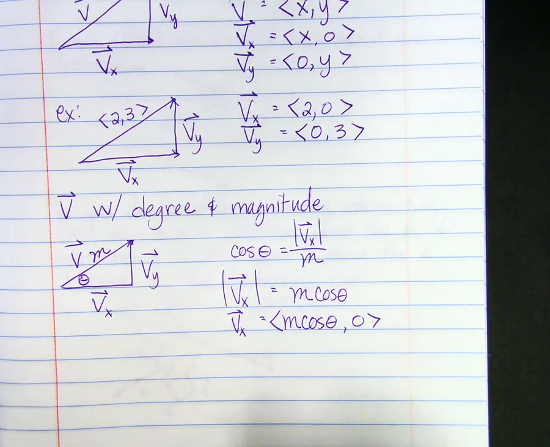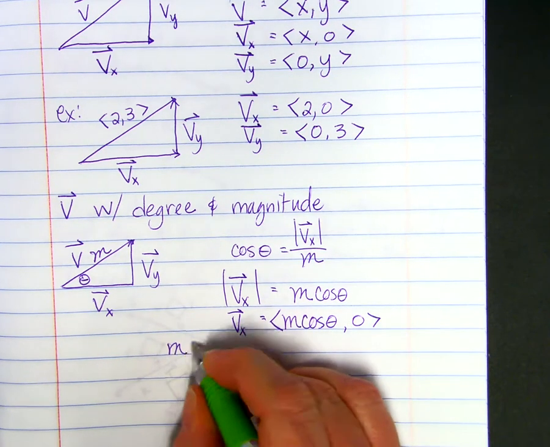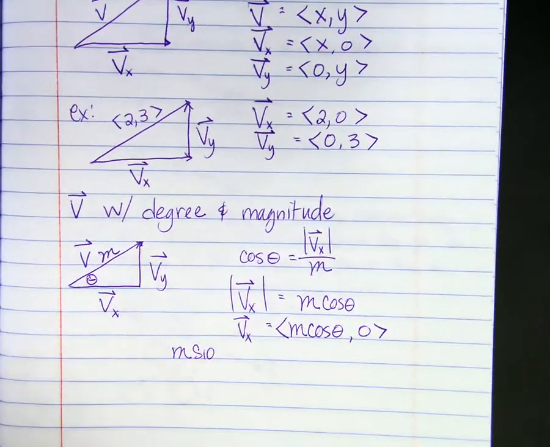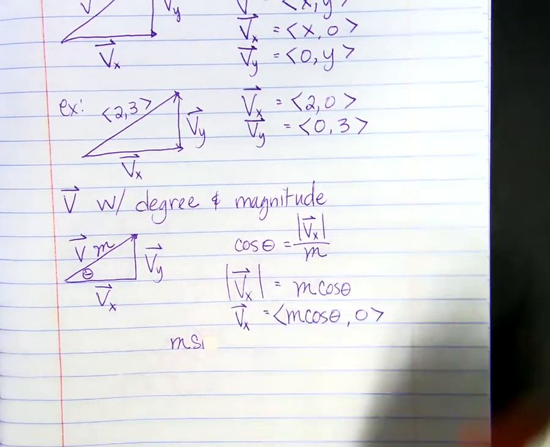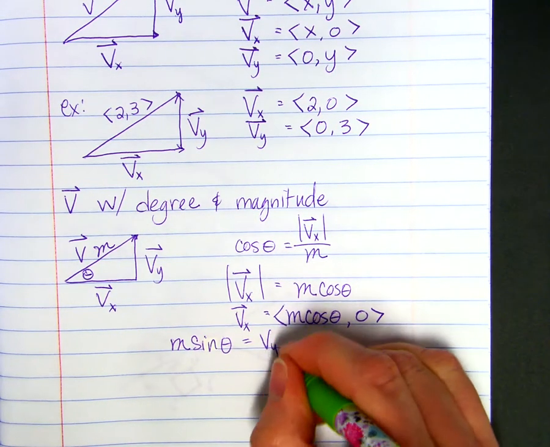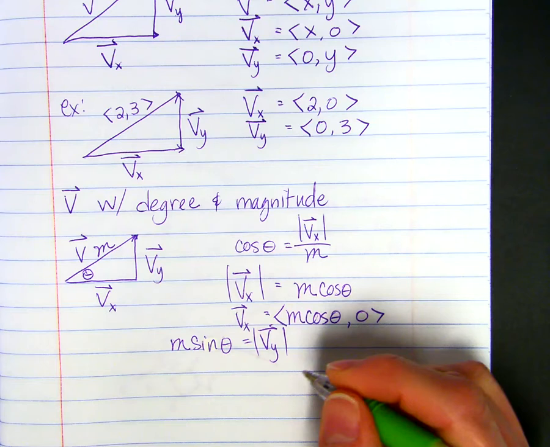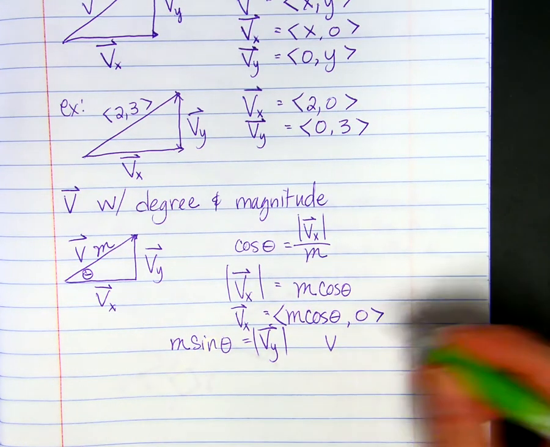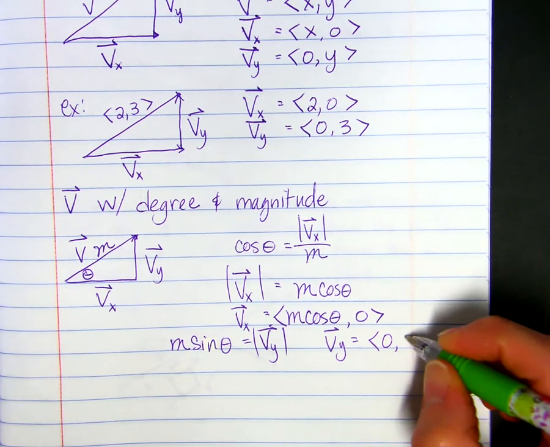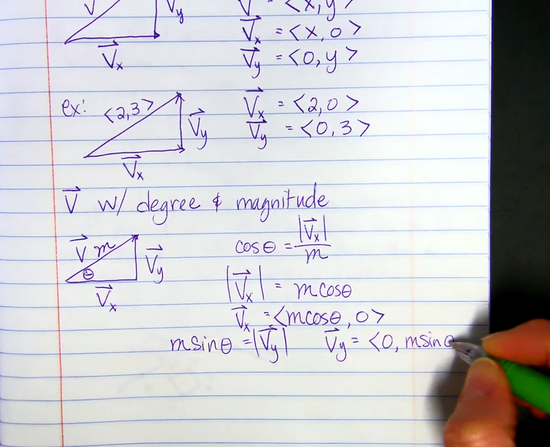And by the same reasoning, the measure of sine theta is equal to the magnitude of v sub y. So v sub y is equal to 0, m sine theta.